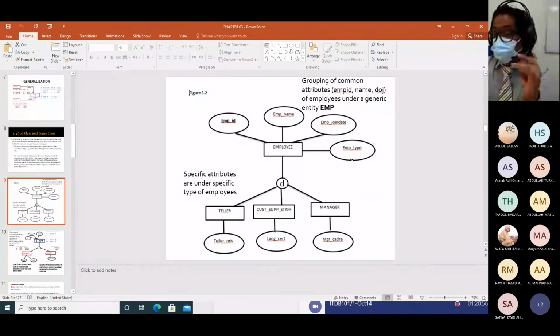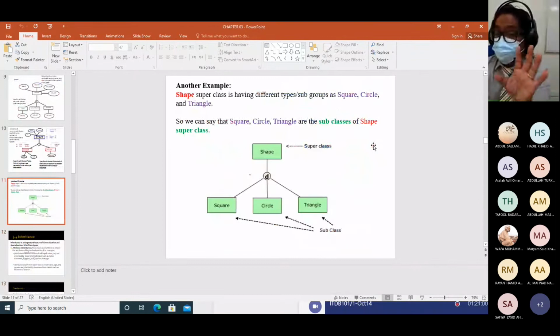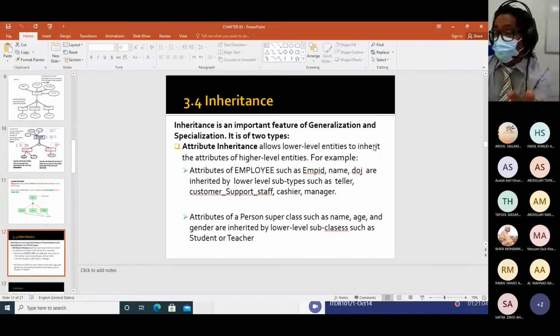By giving this example, it's very clear, even though it's only a very generic example using shapes. We added another term, which is inheritance. Actually, inheritance is almost the same as what I am showing you with the subclass and superclass.